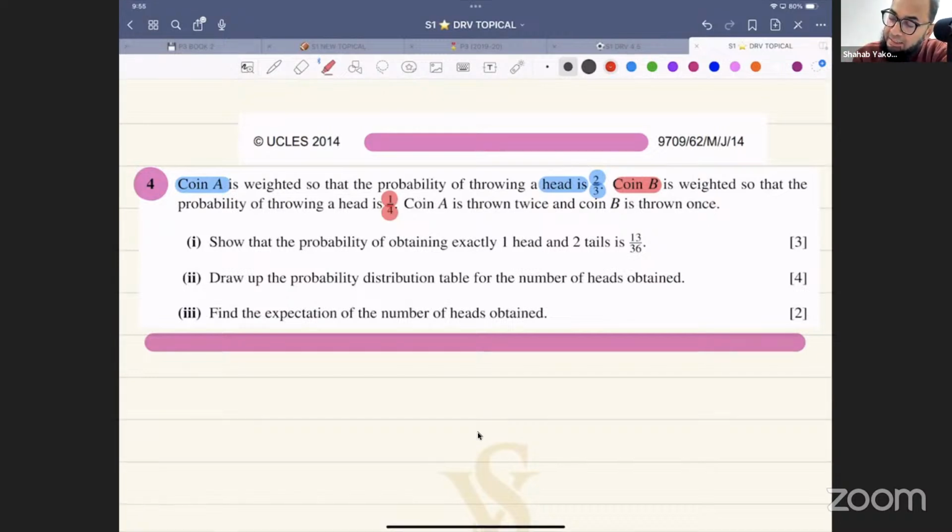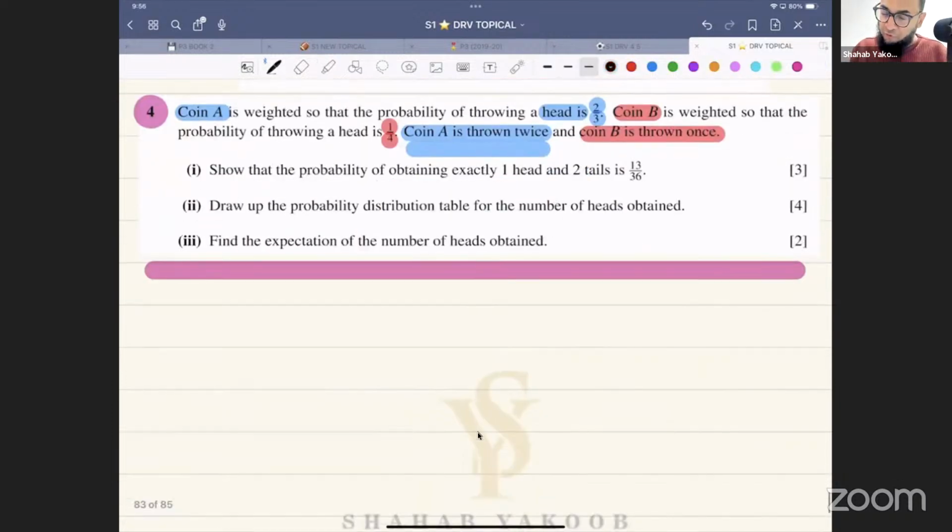Now, coin A is thrown twice and coin B is thrown once, and then they're asking all these questions. Before that, let me write over here.